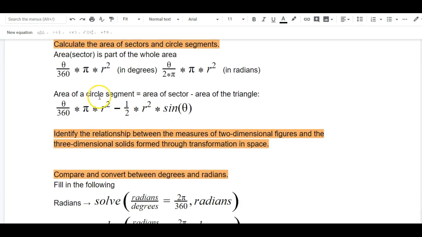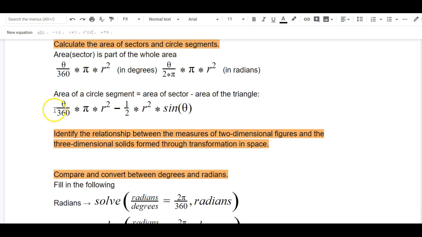And then the area of a circle segment. All right, so here I've written it out. The area of a circle segment is equal to the area of the sector minus the area of the triangle. And that triangle is the triangle formed by the radii and the chord. So you'd put in theta over 360, or if it's in radians, theta over 2 pi.